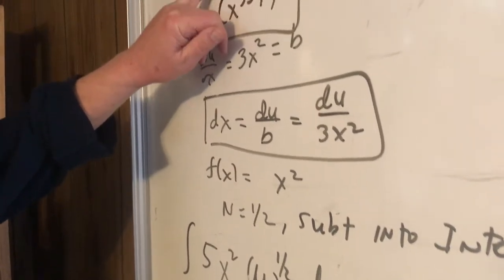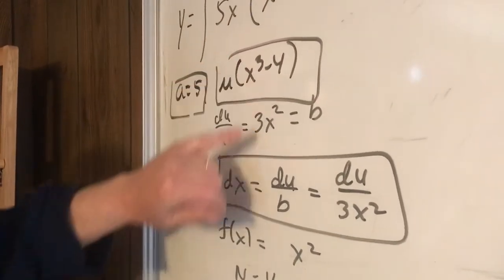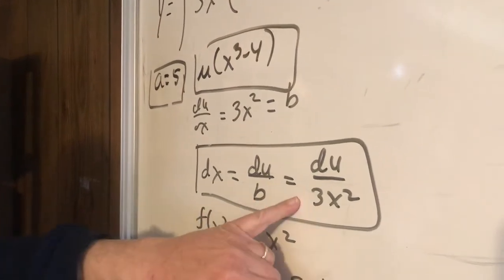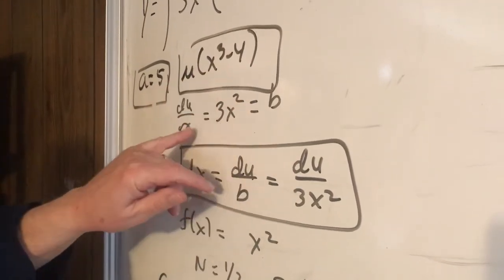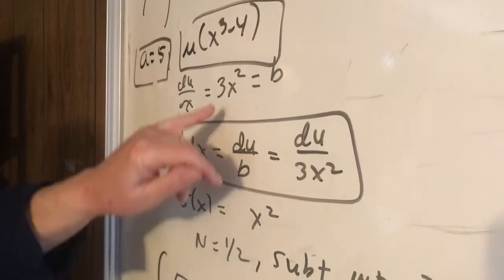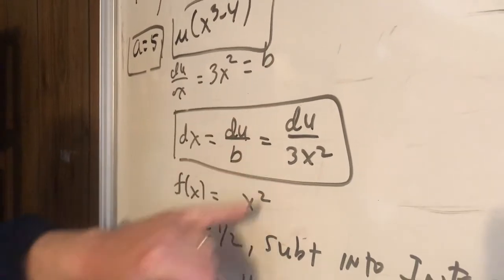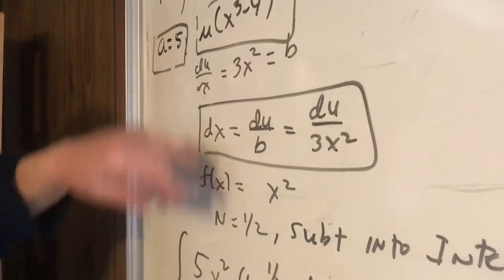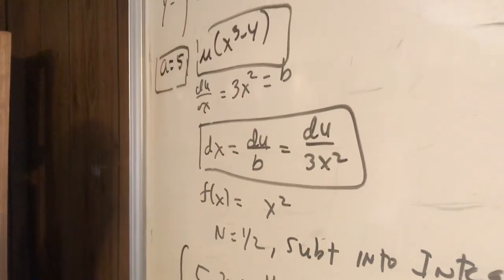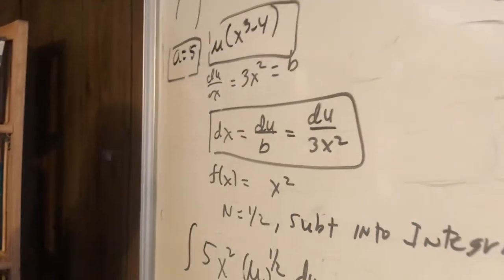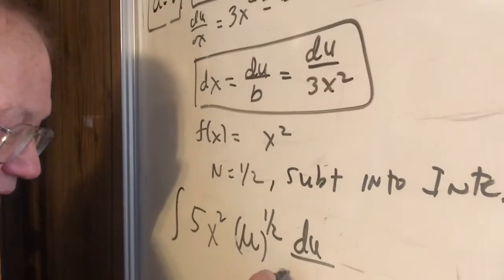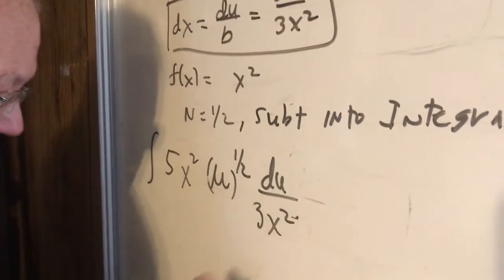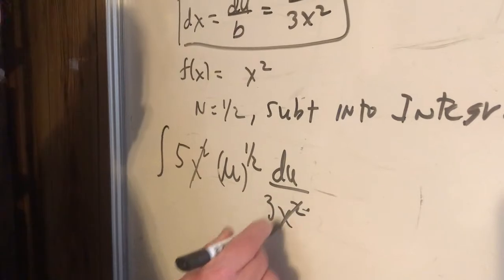F of x is x squared. This becomes 3x squared, the derivative. Du over b, which is du over 3x squared. So this is going to be du over 3x squared. Now the x squared is going to cancel.